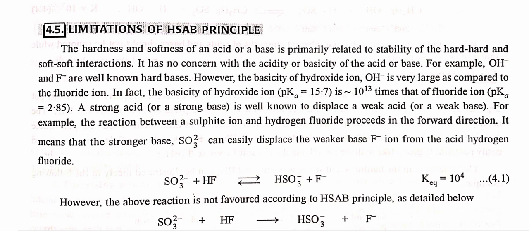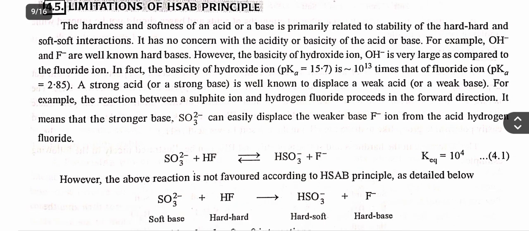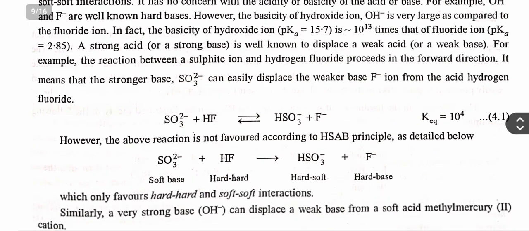In fact, the basicity of hydroxide ion is approximately 10^13 times that of fluoride ion. A strong base is well known to displace a weak base. For example, the reaction between a sulfite ion and hydrogen fluoride proceeds in the forward direction. It means that the stronger base SO3 2- can easily displace the weaker base F- ion from the acid hydrogen fluoride.